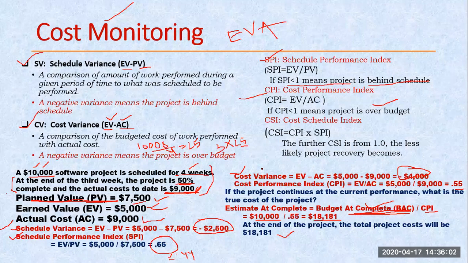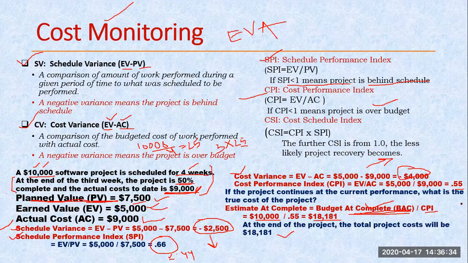And similarly, if cost variance is negative, this means over budget. Behind schedule means that whatever the actual plan date, we had already spent more days on that, and here we had already spent more money on that. So that means over budget, and here we are getting that indicator.